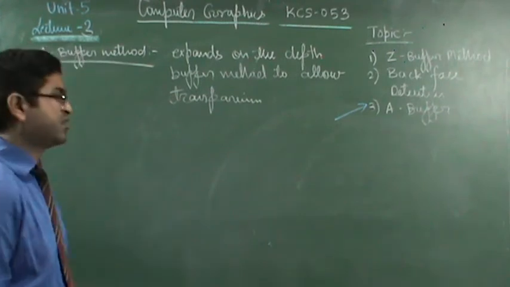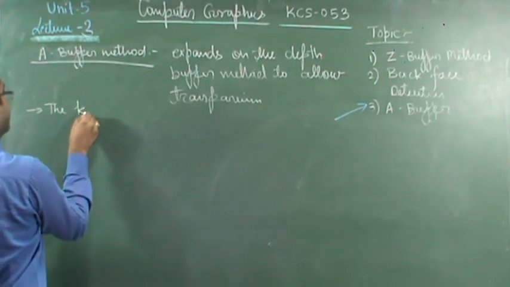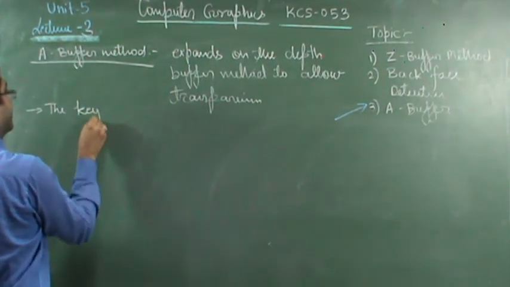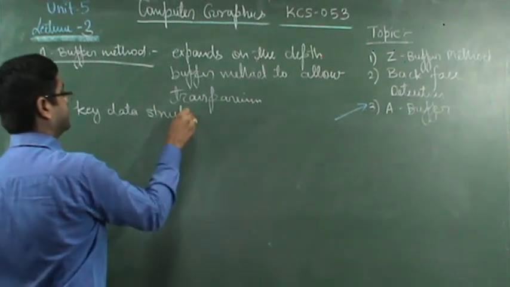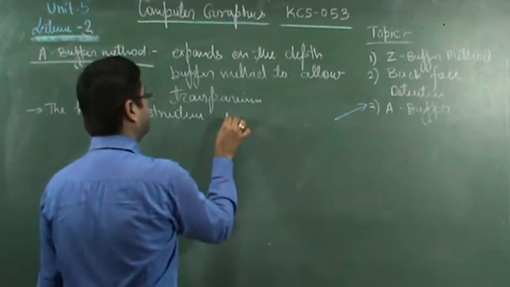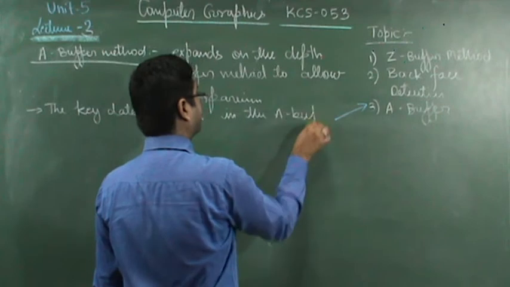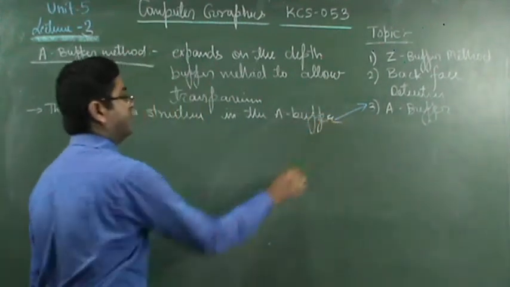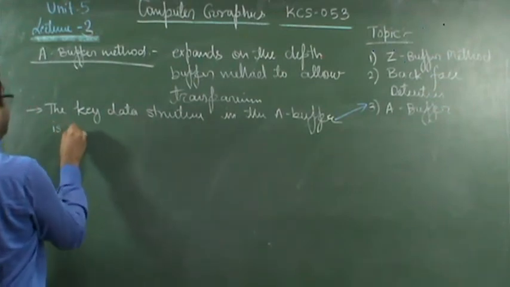The key data structure in the A buffer is the accumulation buffer.